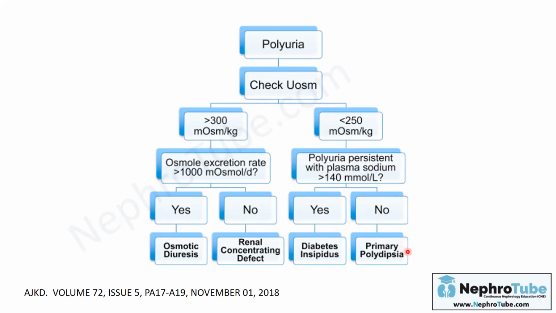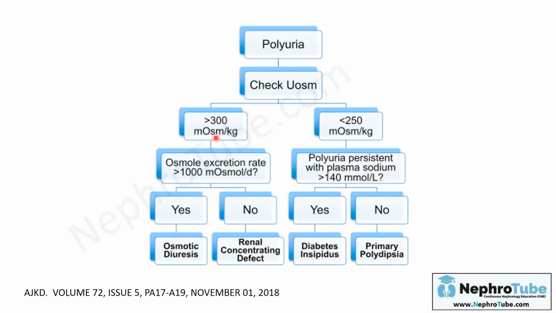But in primary polydipsia, where the patient is drinking a lot of water, his sodium level usually will not be more than 140. His plasma will usually be slightly diluted with sodium in the lower normal range.